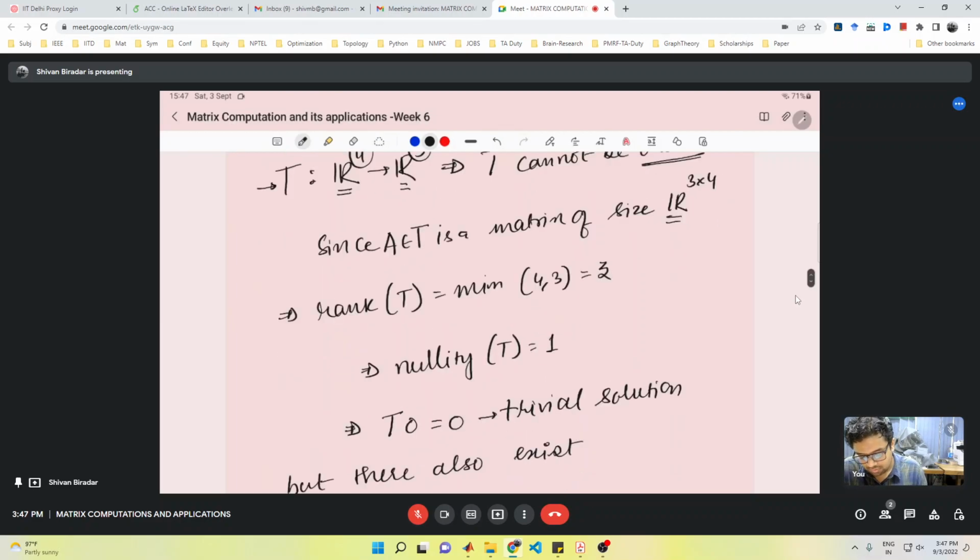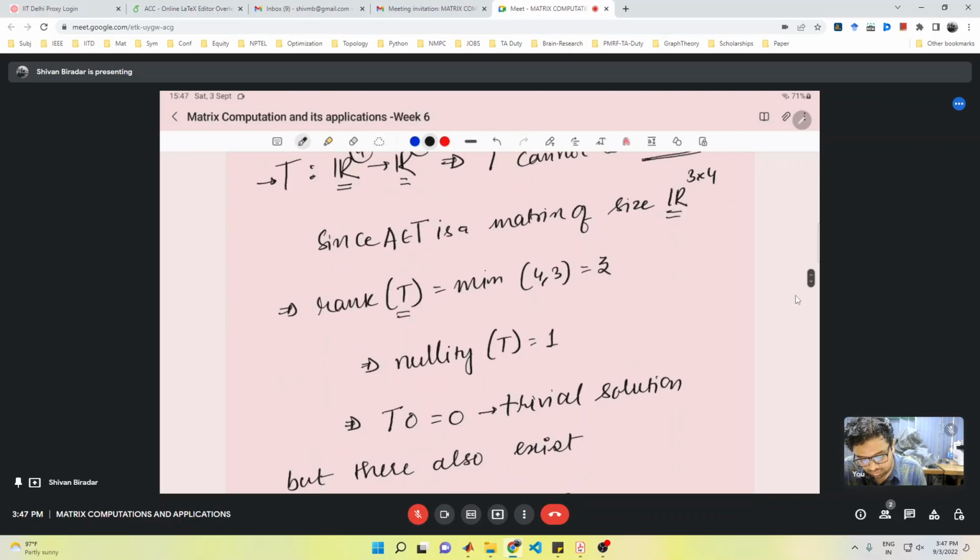Now the rank of T is less than or equal to the minimum of 4 and 3, so this would be 3. Let us assume that the rank of T is equal to 3. By this, I can say that the nullity of the transformation T is equal to 1.